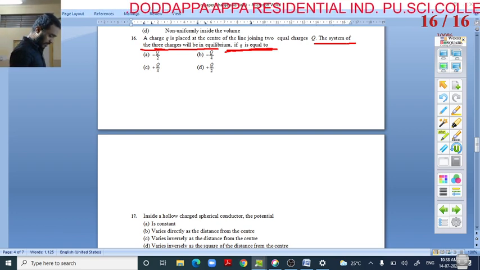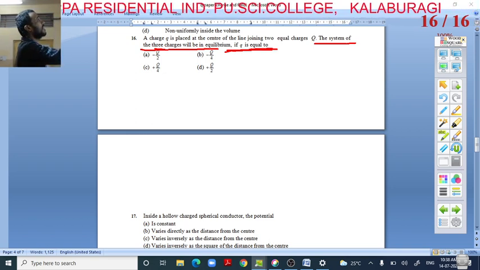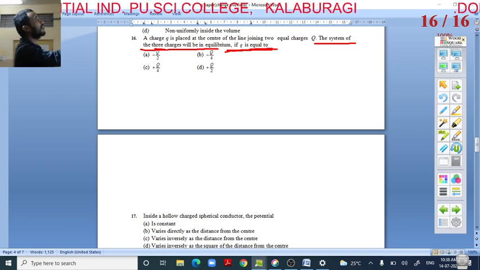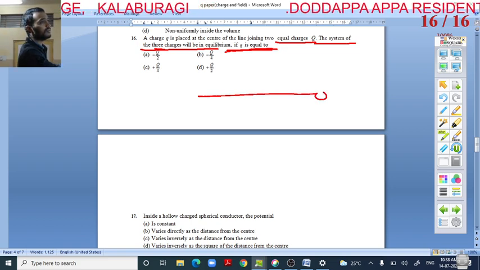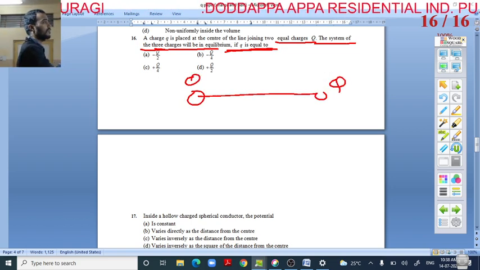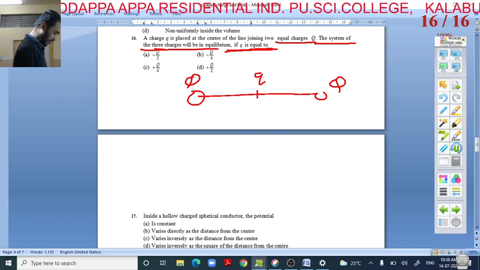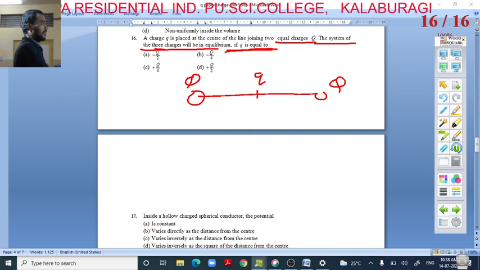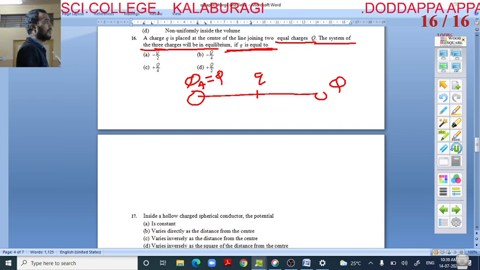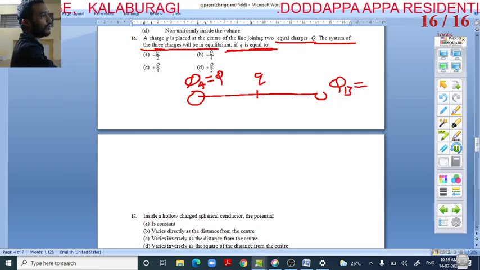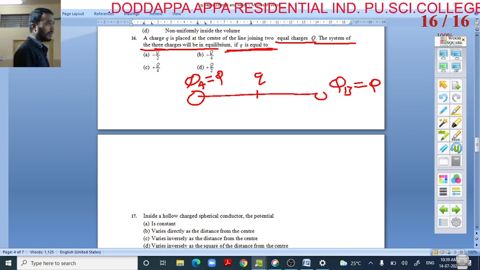See, here we have to concentrate. A charge q is placed at the center of the line joining the two equal charges Q. As for that, two equal charges, here we have capital Q, and a small q is placed in between, right? Here I will take QA equal to Q, and QB equal to Q only, and remaining here small q.